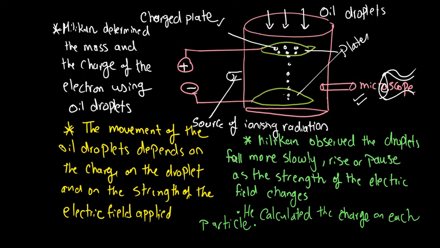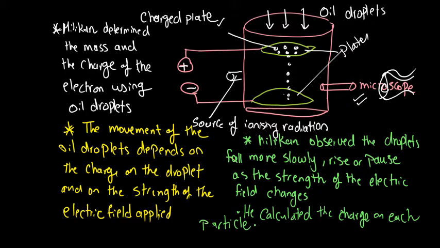When the oil droplets fall between the plates, he found that some of the droplets fall slow or fast, or rise or pause, depending on the strength of the electric field he used. By this experiment, he was able to measure the charge and the mass of those particles.